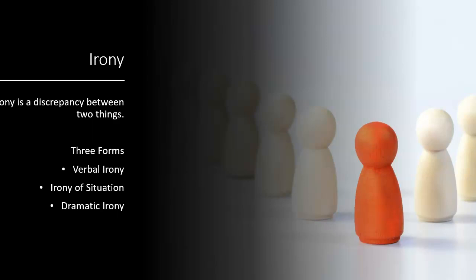Sometimes the plot will contain irony. It's a discrepancy between two things. Check out our figures of speech discussion in poetry about irony. But the idea is sometimes there will be verbal irony. Somebody will say something, and the reader knows he doesn't know the full import of what he's saying, but when he says it, it is just ironic, and you're pretty sure as a reader that's the direction the plot is taking.